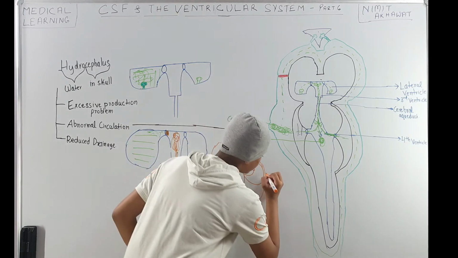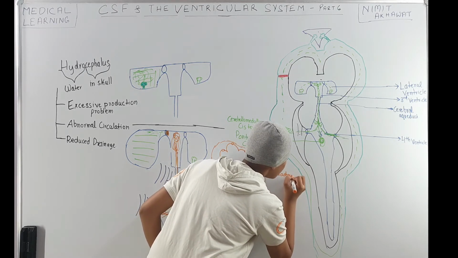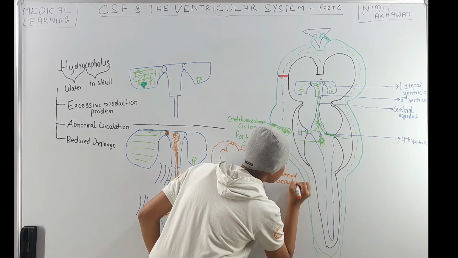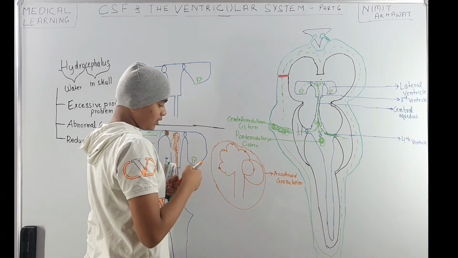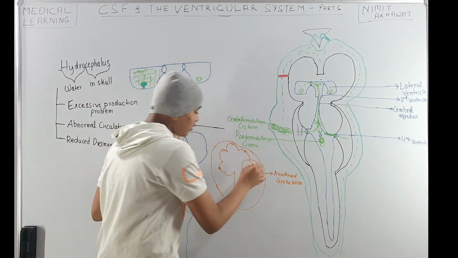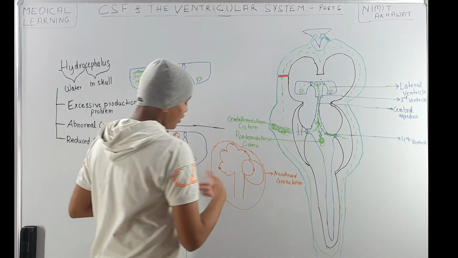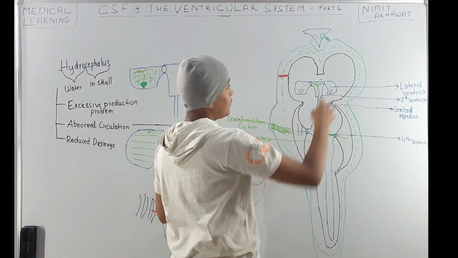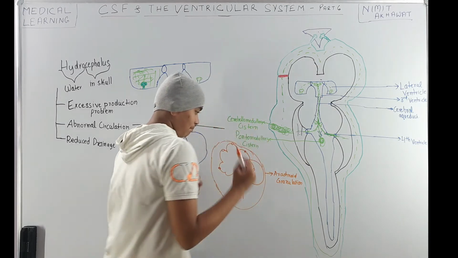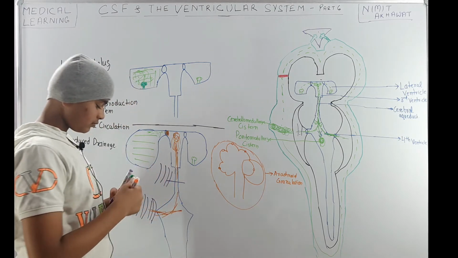And this whole structure is an arachnoid granulation. But an arachnoid granulation contains many arachnoid villi.